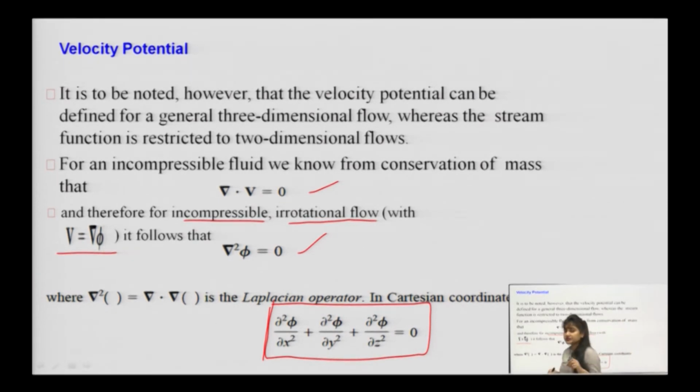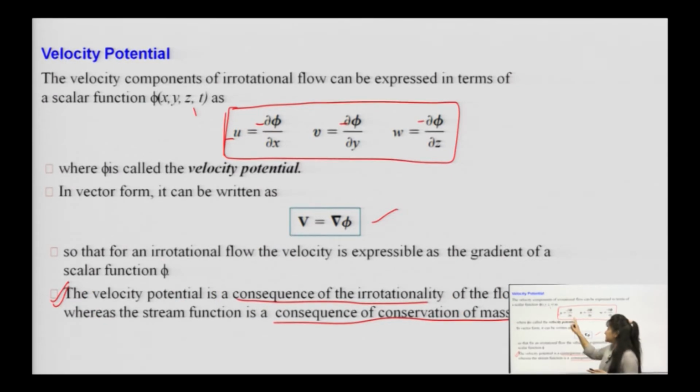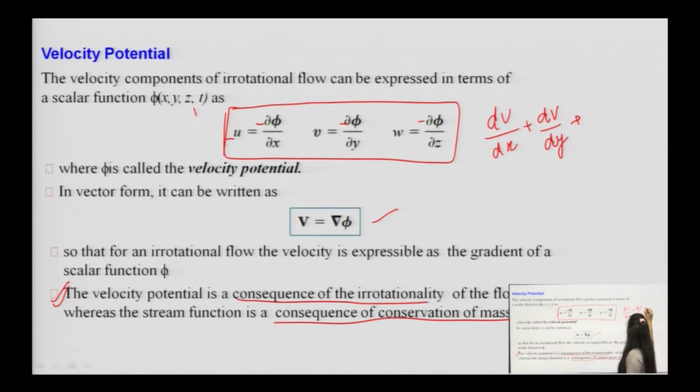Then again, for the velocity potential function, by definition you can see u, v, w is there. Its existence will be valid only if it satisfies the continuity equation, and the continuity equation is nothing but the change in velocity in x direction plus the change in velocity in y direction plus the change in velocity in z direction should be equal to 0.